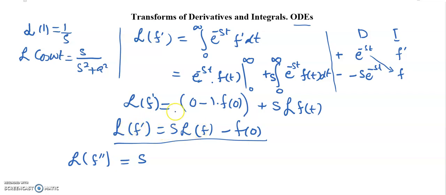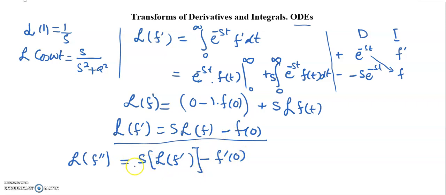From f prime we get f by integration, and from f double prime we get f prime by integration. So it will be s times the Laplace of f prime, by induction, and then minus f prime of 0 by the same analogy.